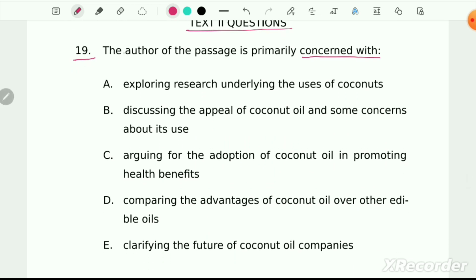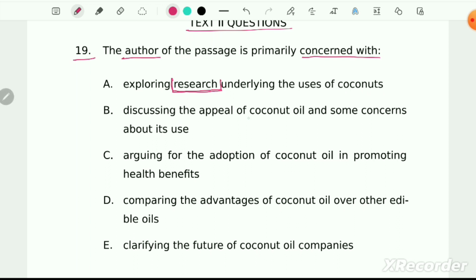So the author of the passage is primarily concerned, means interested in, concerned with exploring research underlying the use of coconuts. So here research could be a keyword. Remember, I will underline to mean it's a keyword, and if I think some words we should know, then I will box them.